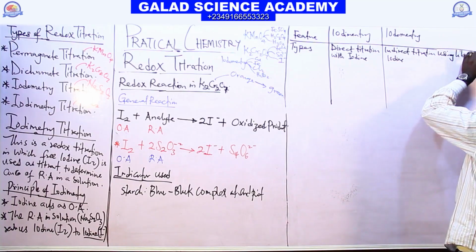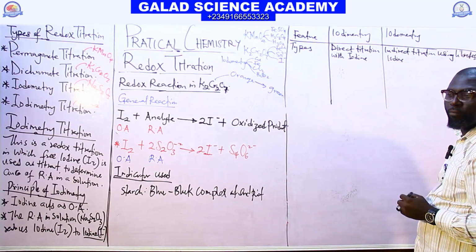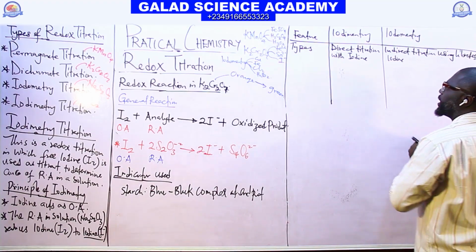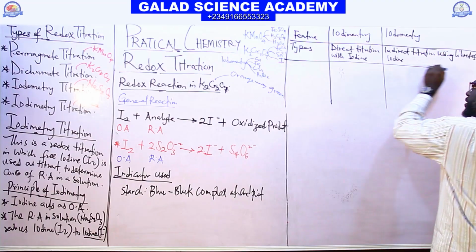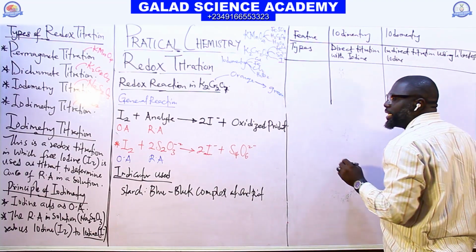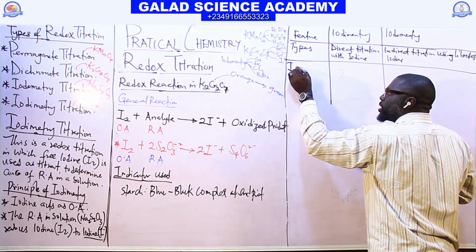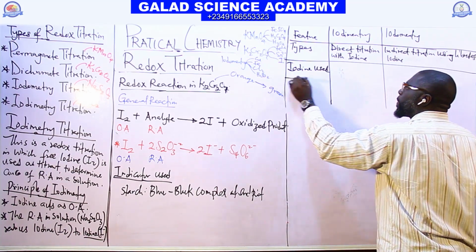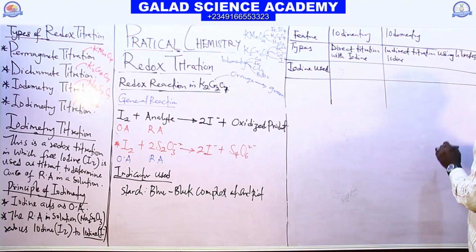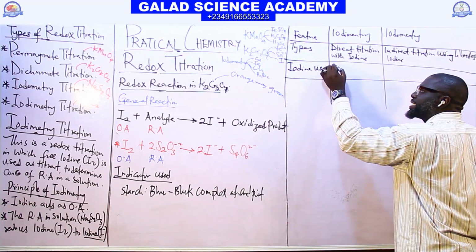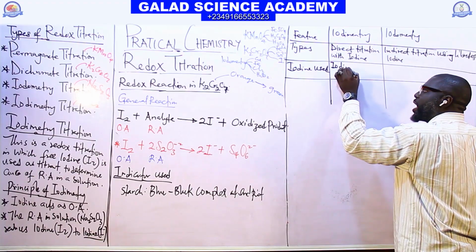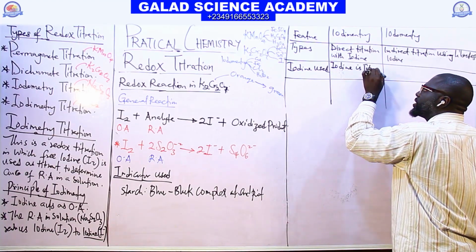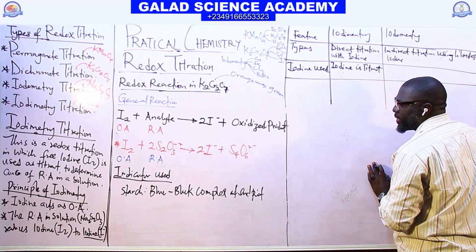The iodine that is liberated from the reaction is what they use in iodometry. In iodimetry, the iodine used serves as titrant. Iodine is the titrant. You know titrant now?